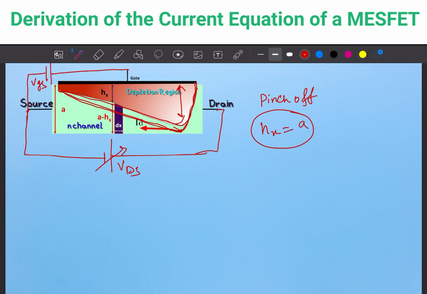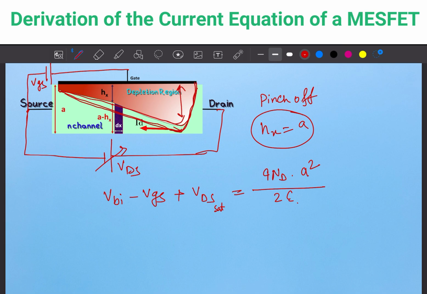So let's put this in the voltage equation. What will we get? We'll get Vbi minus VGS plus VDS, where we write VDS sat as the saturation one, is equal to q Nd multiplied by a square divided by 2 epsilon.